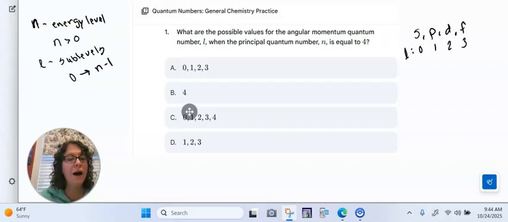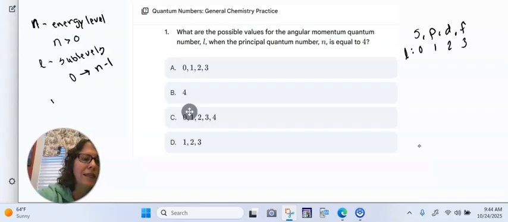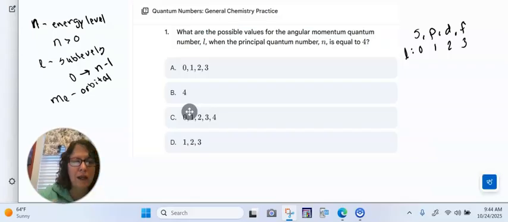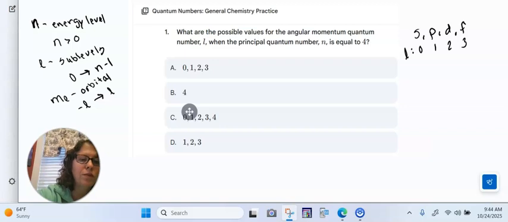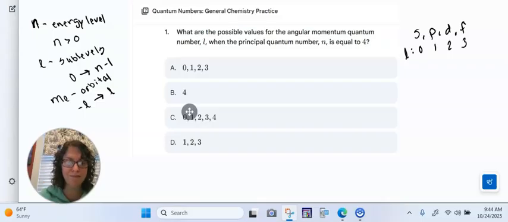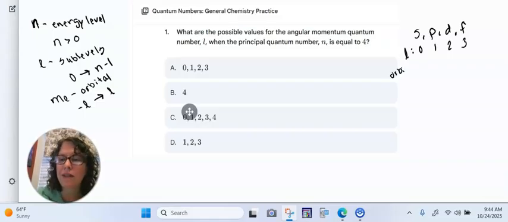Within those sublevels, we have orbitals. That's where this m sub l comes from. Allowed values for m sub l go from negative l up to positive l. The number of orbitals within the different sublevels are 1, 3, 5, and 7.